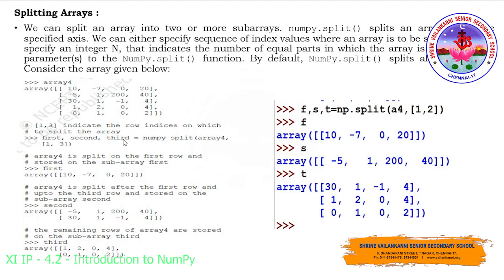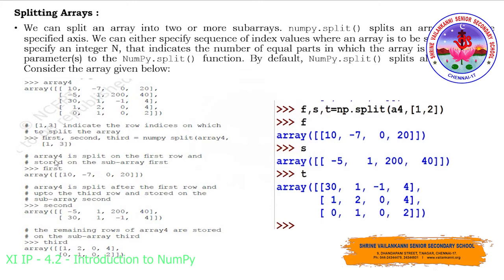So they have created three variables, first, second and third, and to these they assign the numpy.split function. In this method, array 4 is the variable name for which we have created the array, and 1 comma 3 are the indices we have specified. So let us see how this works now.